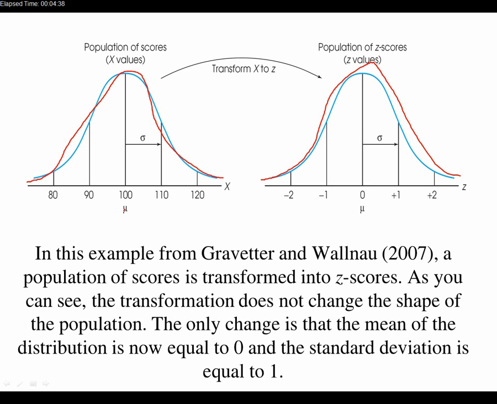So in here, the mean is 100 and the standard deviation is 10. All right, you could tell that because it's 110. Just like I said, the only change is that the mean of the distribution is now 0, and the standard deviation is equal to 1, both on the plus side and the negative side.